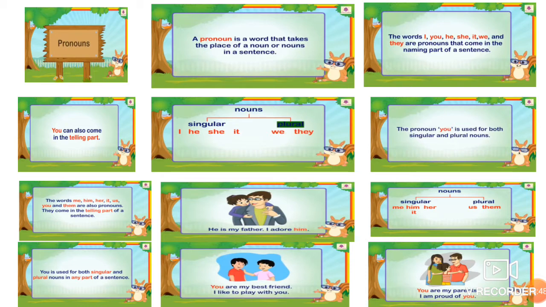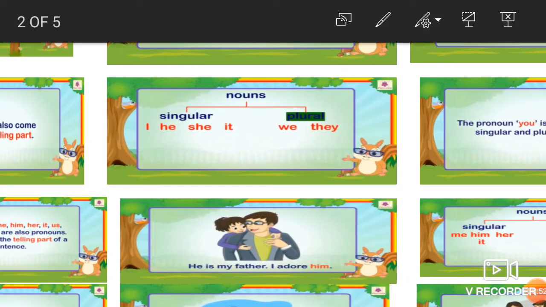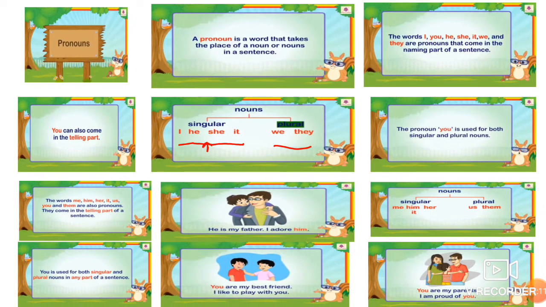So remember, children, especially this: the pronouns I, he, she, it go with the singular, and we and they are plural. When I am talking, I am a boy, I am a girl, you alone, you are talking about yourself, you are singular. He, she, it. Please remember that, children.